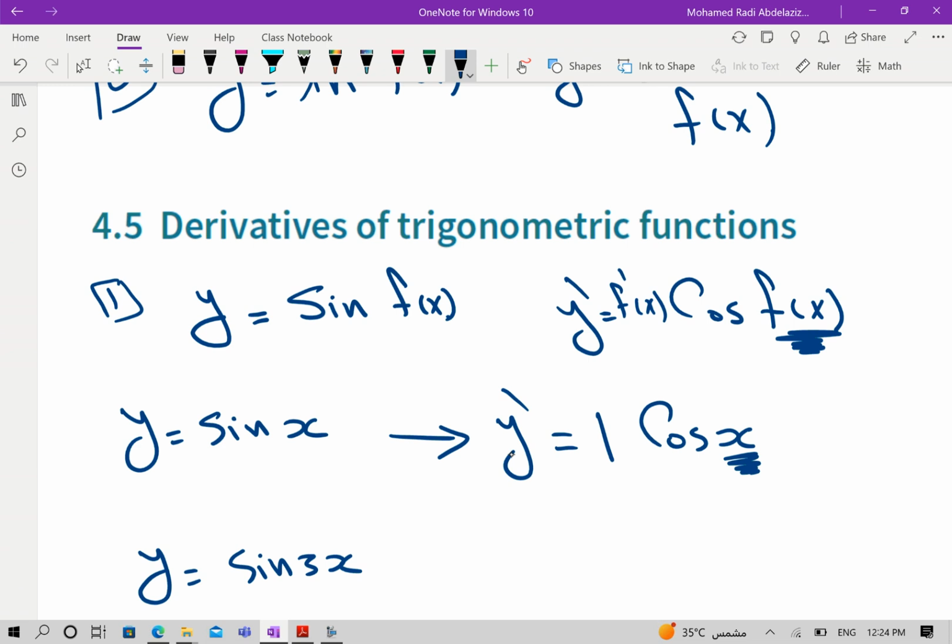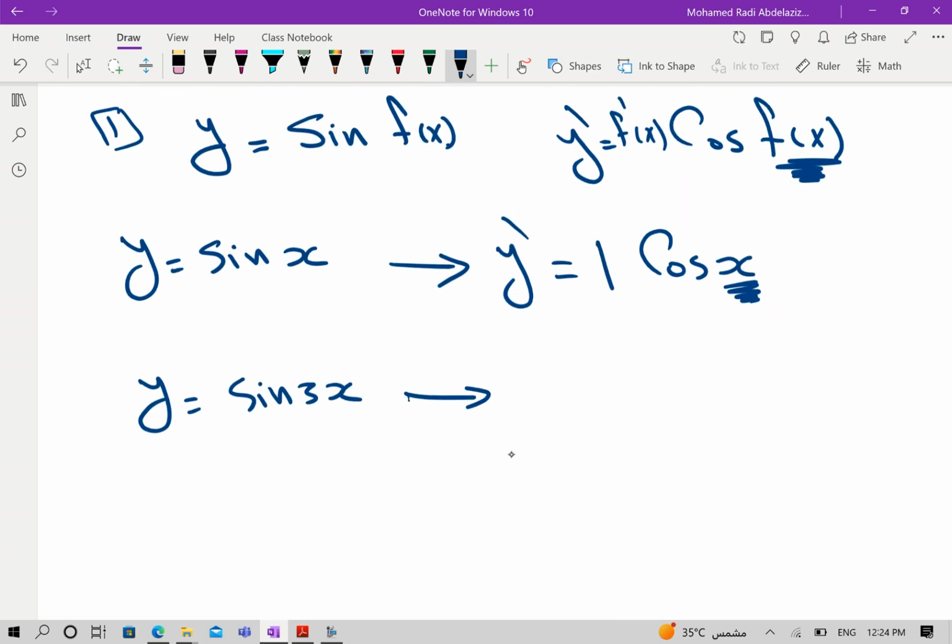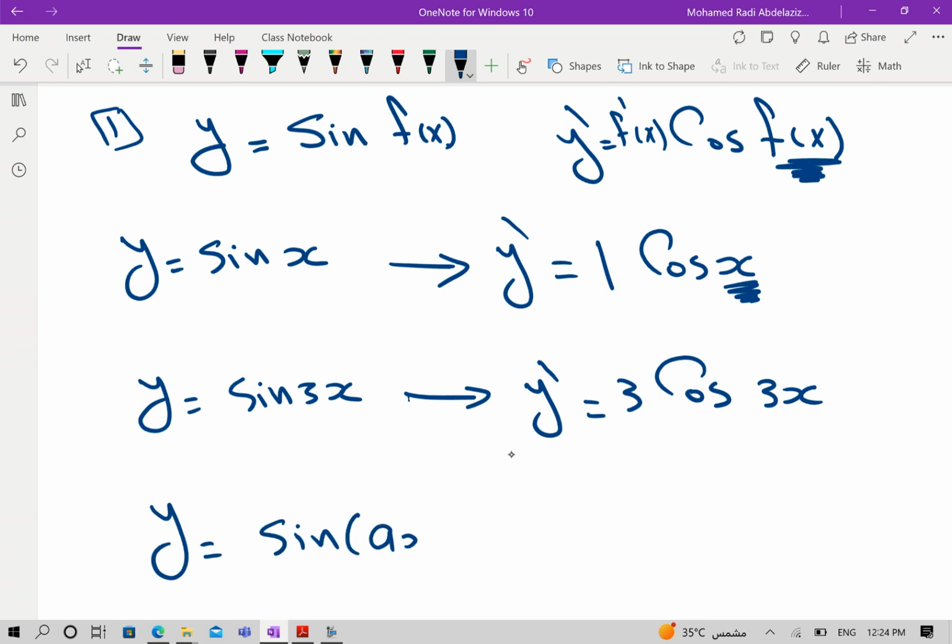So no need to write it. Again, y equals sine 3x. Y dash is differentiation of sine is cosine 3x multiplied outside by what? By 3.